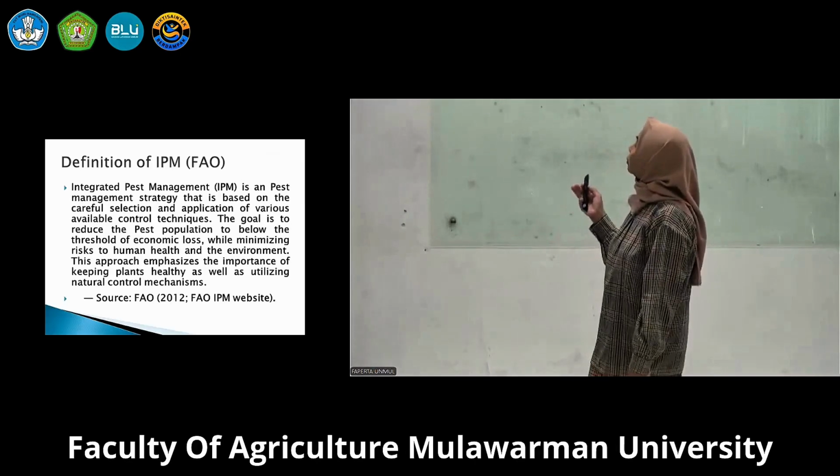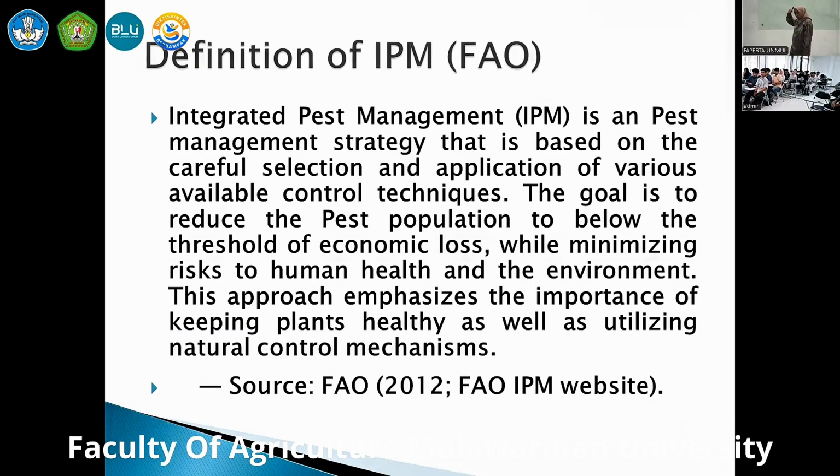The goal is to reduce the pest population below the threshold of economic loss. Usually they have the economic level, so that's the level where we have to avoid the increase of the pest population, while minimizing risk to human health, which is also important.